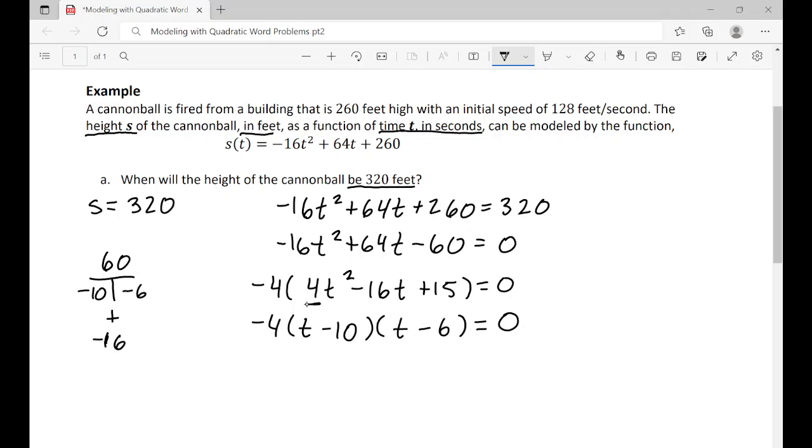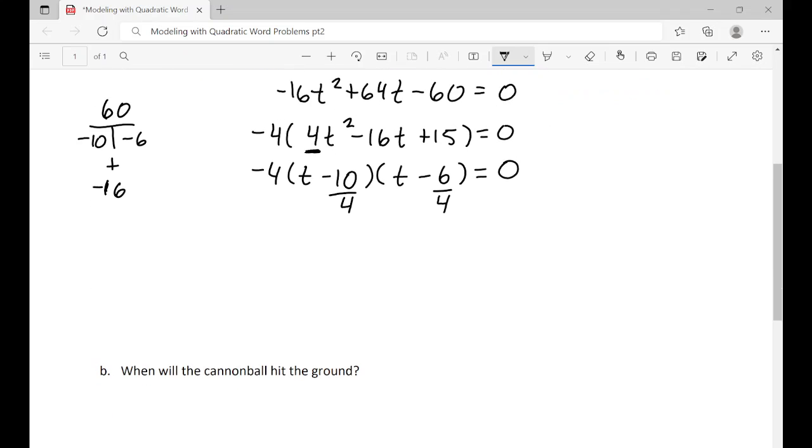And since there is a 4 in the front, I'm going to divide both my factors by 4. And so when I do that, negative 4 times t minus, and 10 over 4 is going to be 5/2, and then 6 over 4 is going to be 3/2.